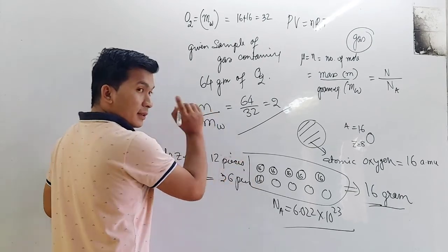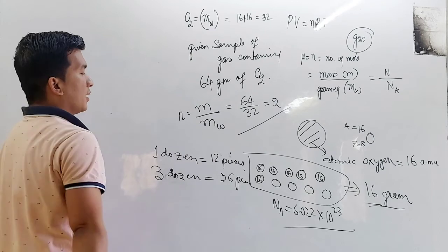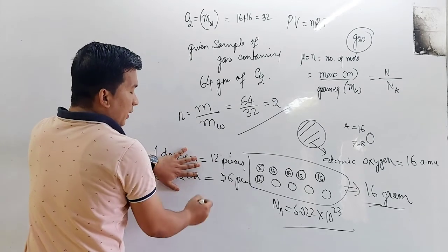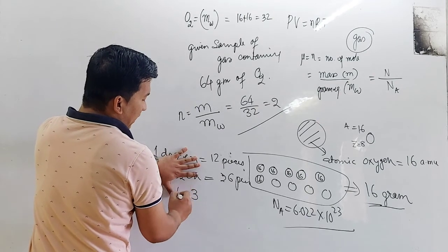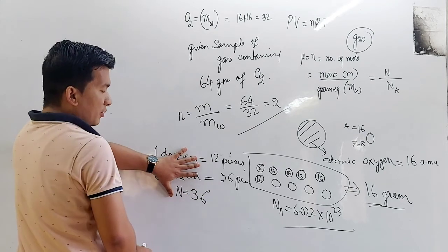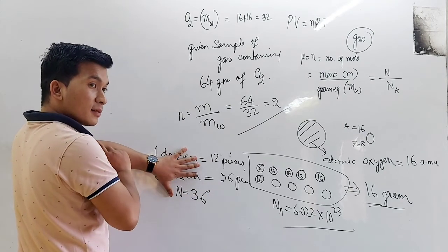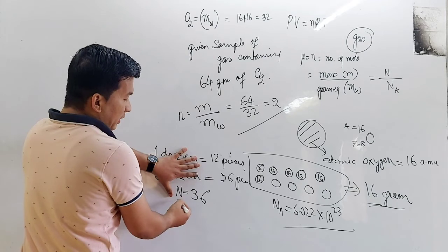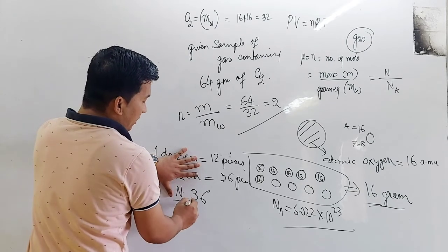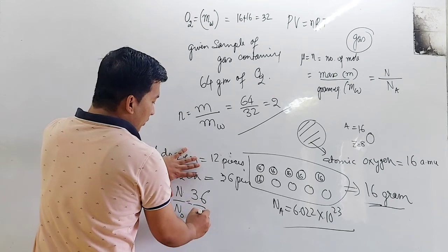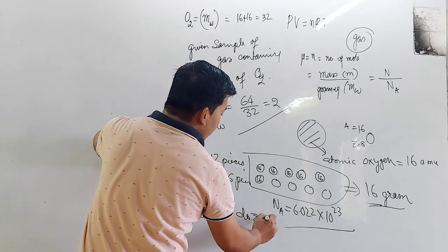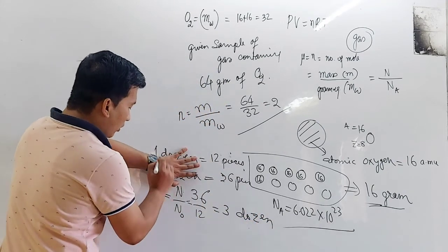Suppose we have a total number of pens, 36, and we ask how many dozens there are. It will be very simple: 36 divided by 12, so we have 3 dozen. This is equal to the number of moles.